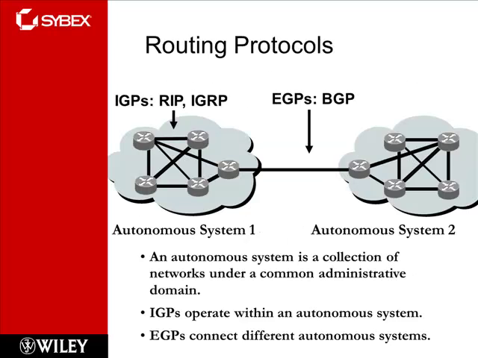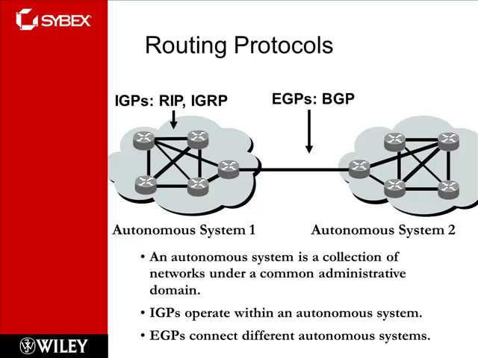Routing protocols, interior gateway protocols, RIP, IGRP, EIGRP, OSPF. An autonomous system is a collection of networks under a common administrative domain. We have interior gateway routing protocols and exterior gateway routing protocols. He says here BGP.